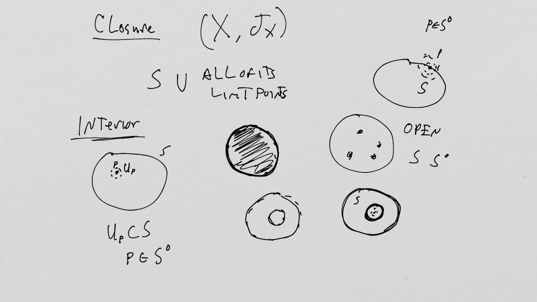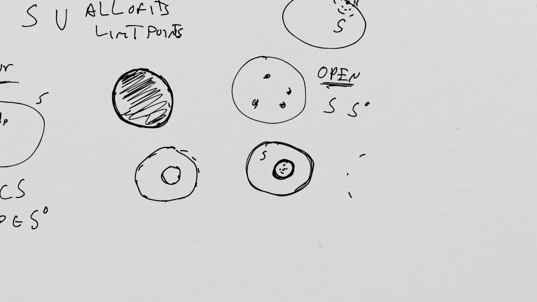And probably the most important point about the interior of a set, not only is that every interior open, but the interior of every set is the sum of all the open sets inside of S, right? The union of every open set contained in a set S is the interior of S.